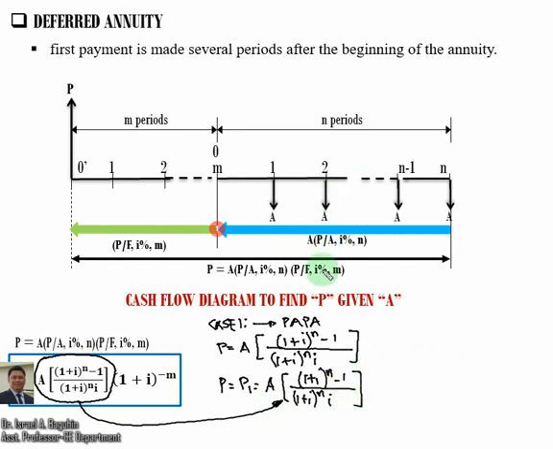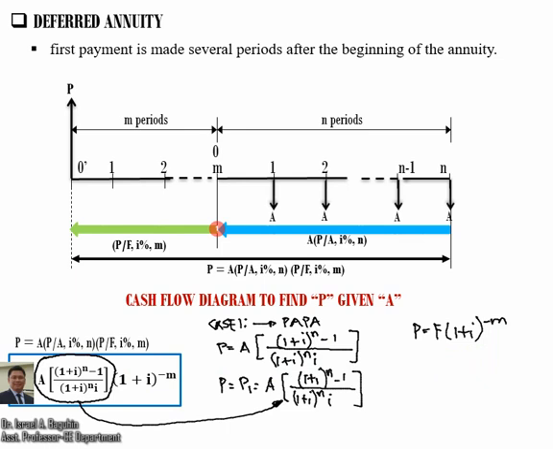But this is during the n periods, so how about during the m periods? As we discussed prior to case 1, we already have this formula: P equals F times (1 + i)^-m.